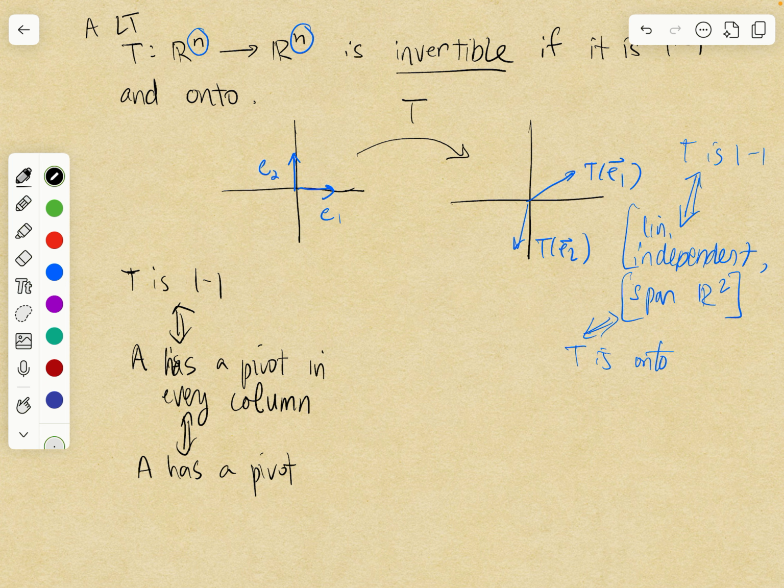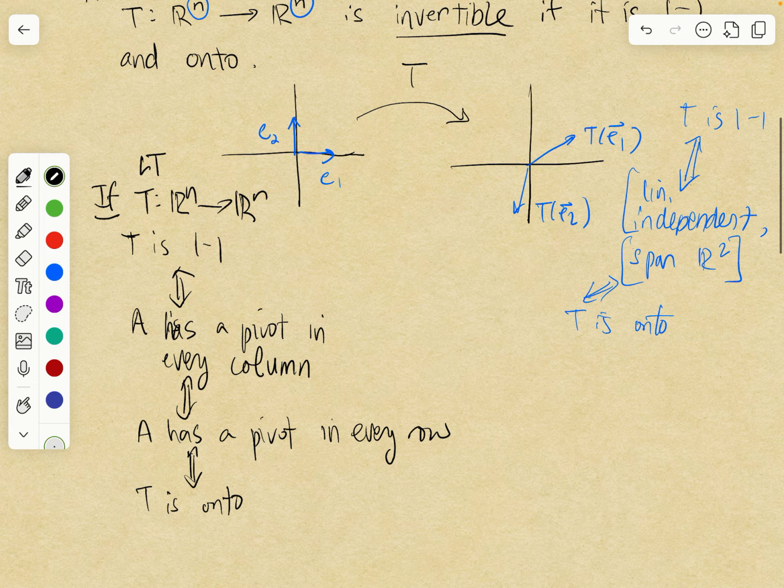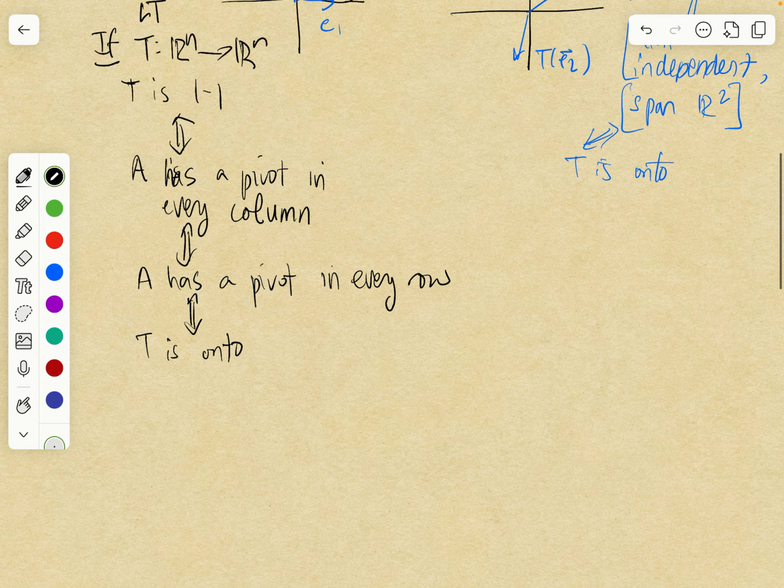If you have an n by n matrix, there are n columns, so you have n pivots, and you have n rows, so you have to have a pivot in every row. And that's the same as T being onto. This is if T is a linear transformation from Rn to Rn, not from R2 to R3 or R3 to R2, but from R2 to R2, R3 to R3, etc.